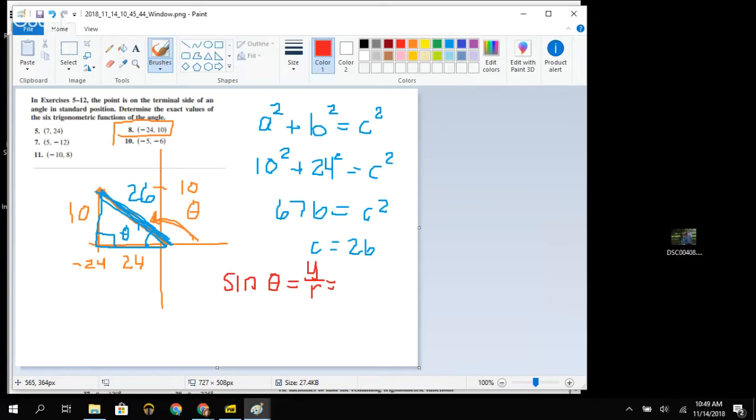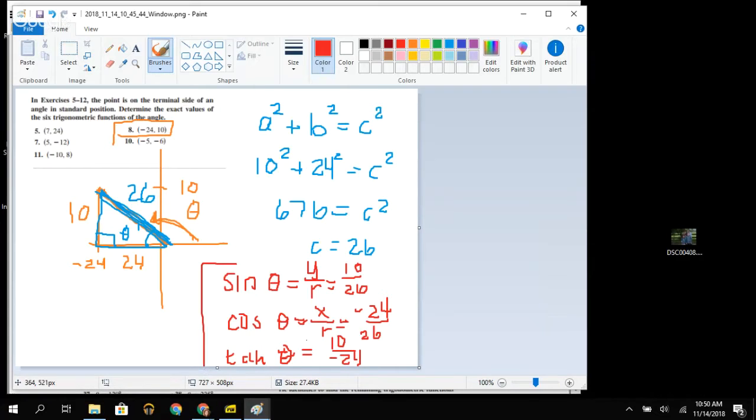My y is 10 and my radius is 26, so the sine of theta is 10 over 26. The cosine of theta is x over my radius, so it is negative 24 over 26, which can be simplified. And the tangent of theta is 10 over negative 24. All these can be simplified, but I'm going fast here at the end.